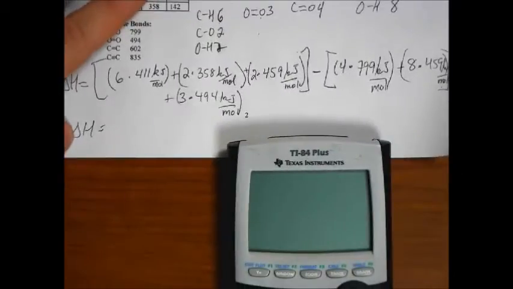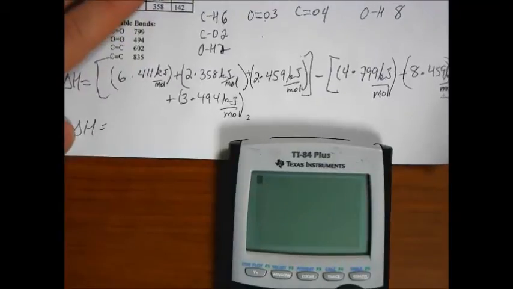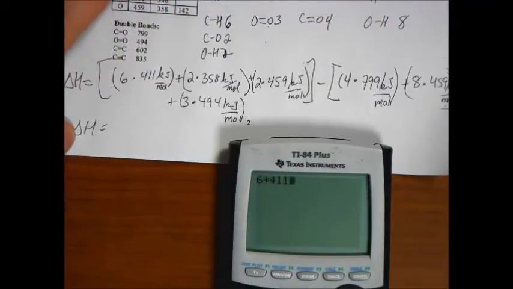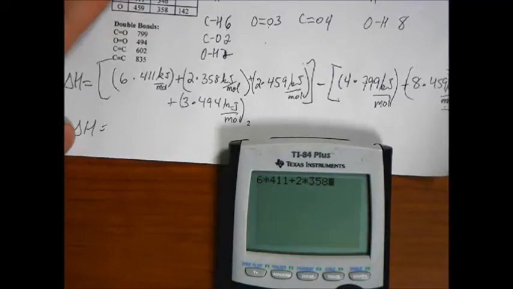All right, so if we put this into our calculator, it's going to be 6 times 411 plus 2 times 358 plus 2 times 459 plus 3 times 494. Okay, and then we're going to subtract from that 4 times 799. Let me do this in parentheses so that it's easier for you guys to see.